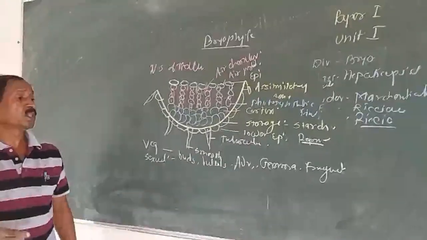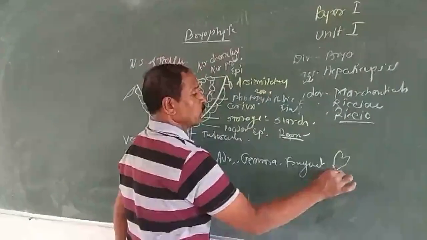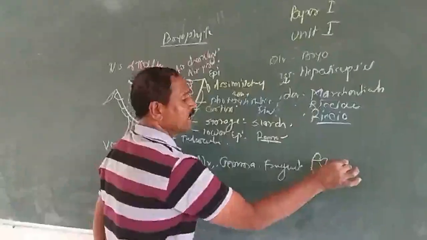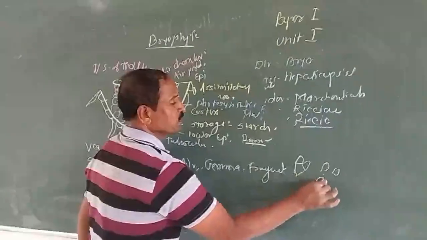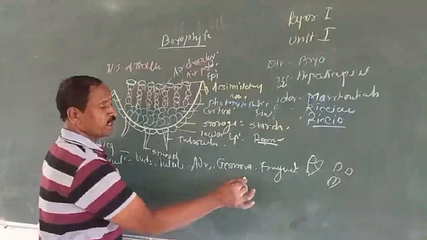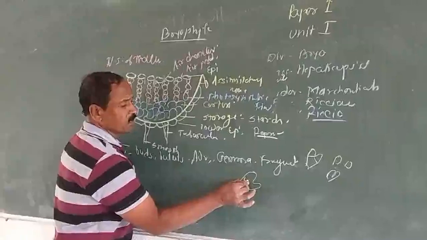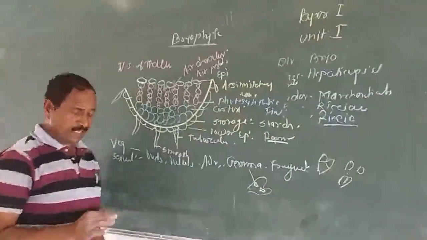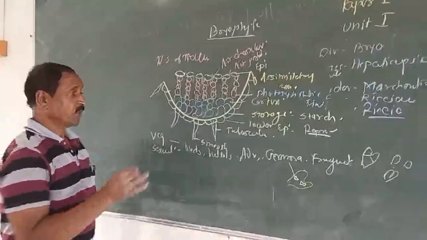In the first, fragmentation, the old parts of the thallus break and there is formation of fragments, and these fragments form the new thallus of Riccia. In gemmae, on the thallus, sometimes the cup-like structure called as gemma, when these are detached from the thallus, forms the new thallus.